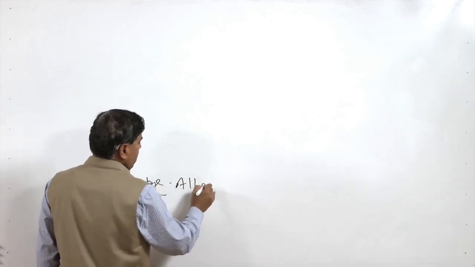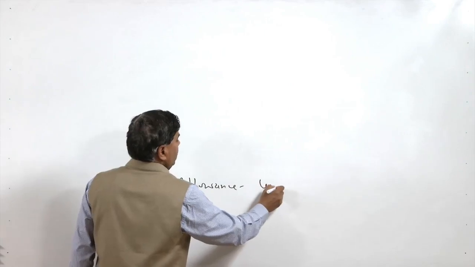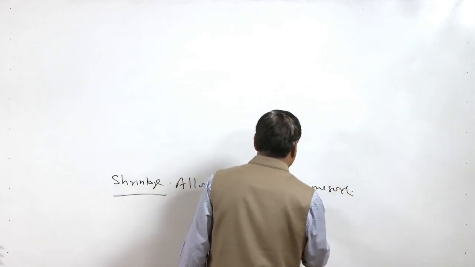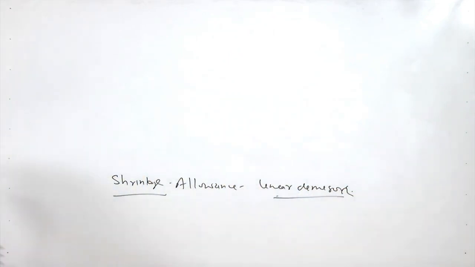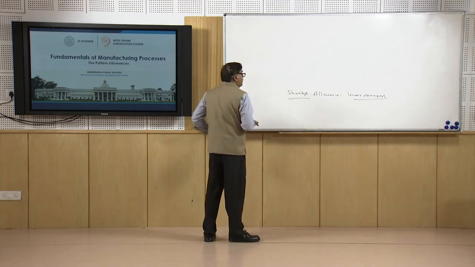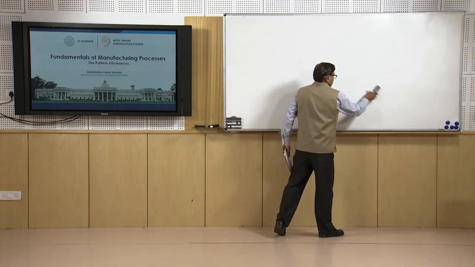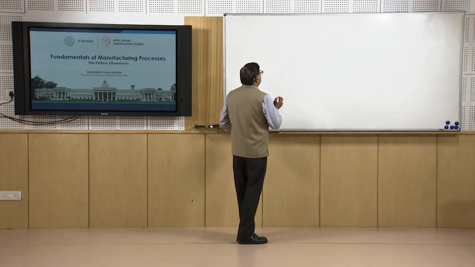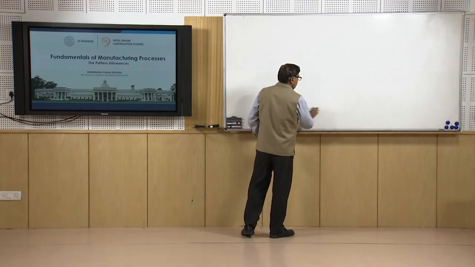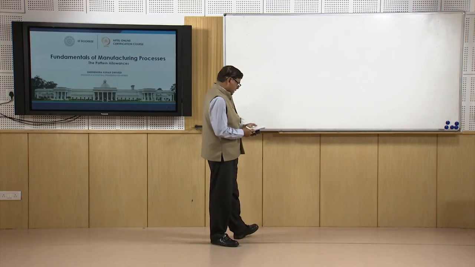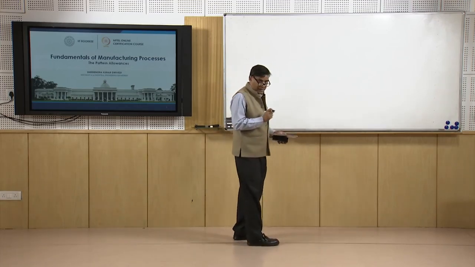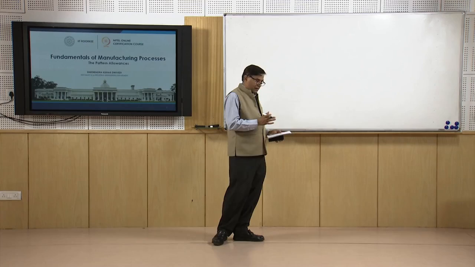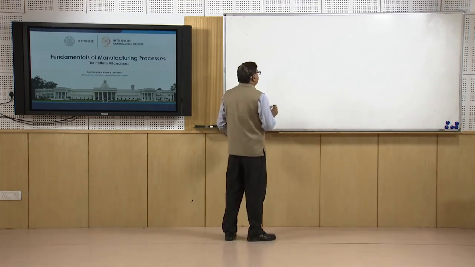So, shrinkage allowance is given for the linear dimensions of the pattern, and that is what we will try to understand through certain examples as well as numerical values. Most of the metals shrink on the reduction in temperature, and the extent of reduction in dimensions due to the solid state shrinkage depends upon the type of metal.